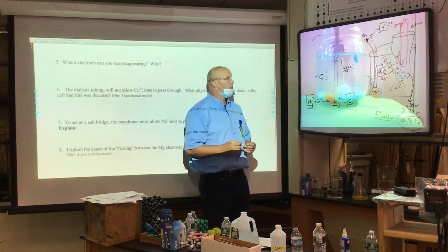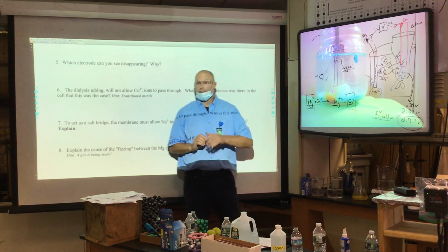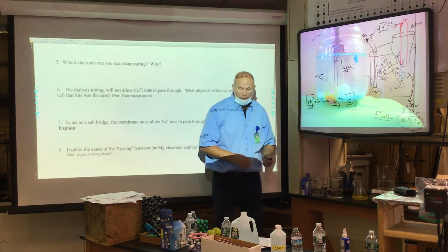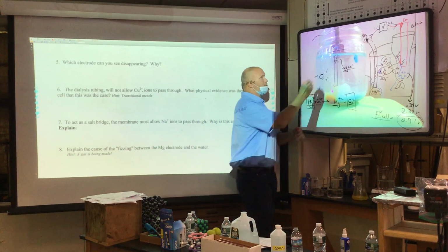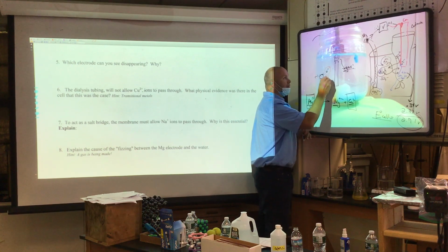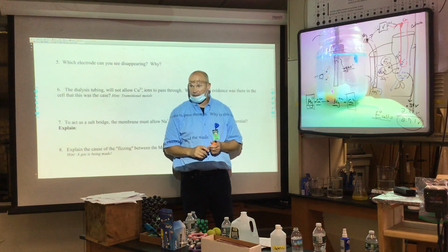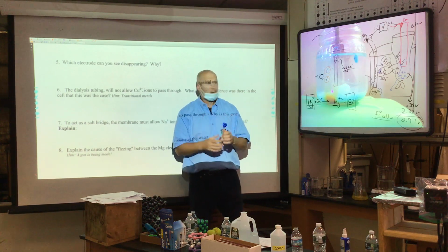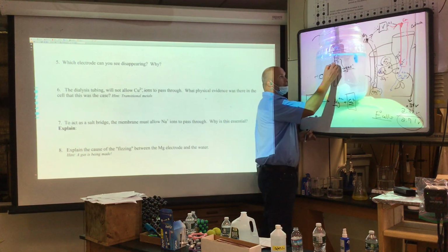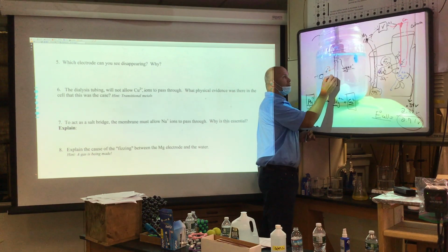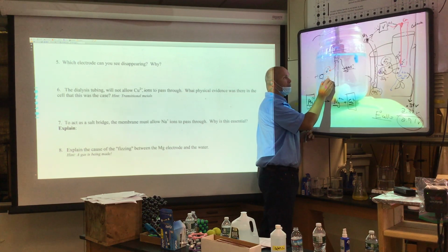Well, party people, magnesium is good at pushing its electrons. However, it's important to realize that these positives right here are deficient in electrons. They're seeking electrons. They're good at getting reduced. So there's going to be a transfer of electrons from the magnesium to the H plus.